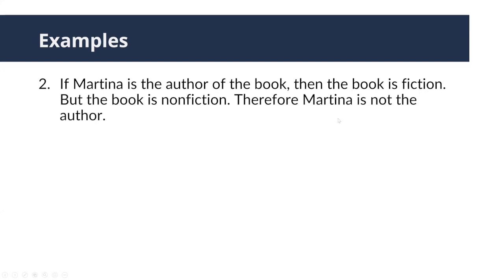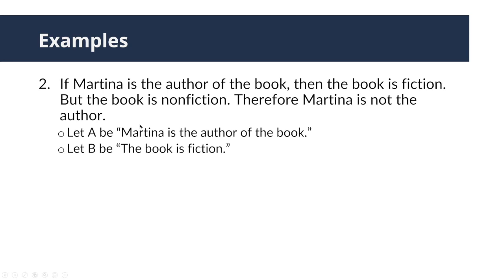Therefore, we actually only need to introduce 2 letters. Let A represent Martina is the author of the book, B to represent the book is fiction. You can pause the video and write down the representation yourself first. The correct representation is this one. I hope you get it right.